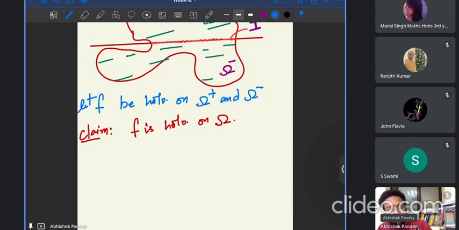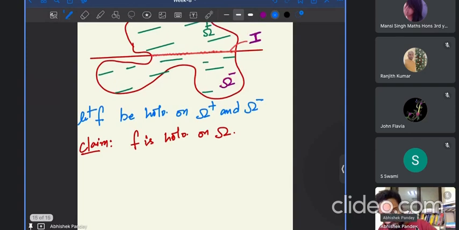The idea is to use Morera's theorem, and for that we need to do some construction.